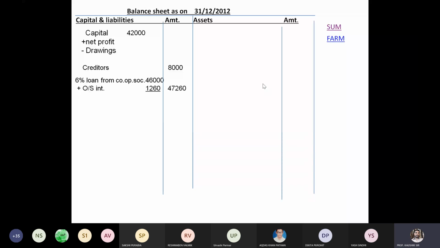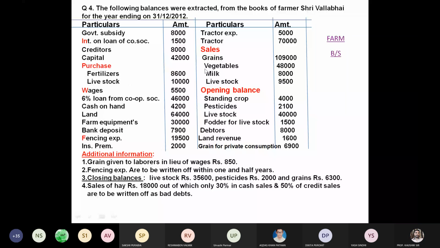Okay, go to the sum again. So capital is written. Now purchase of fertilizer 8,600. Amount of livestock will be shown in the balance sheet. So fertilizer 8,600 will be written in the farm account. Go to the farm account.